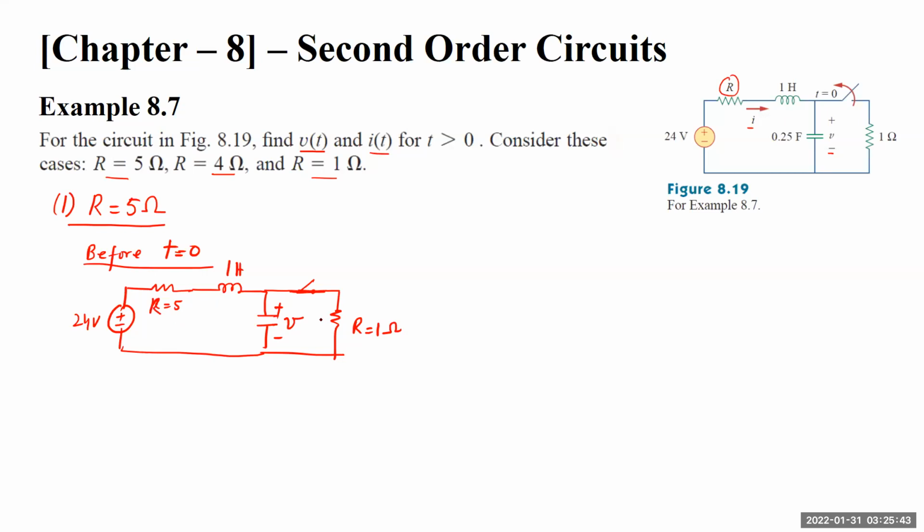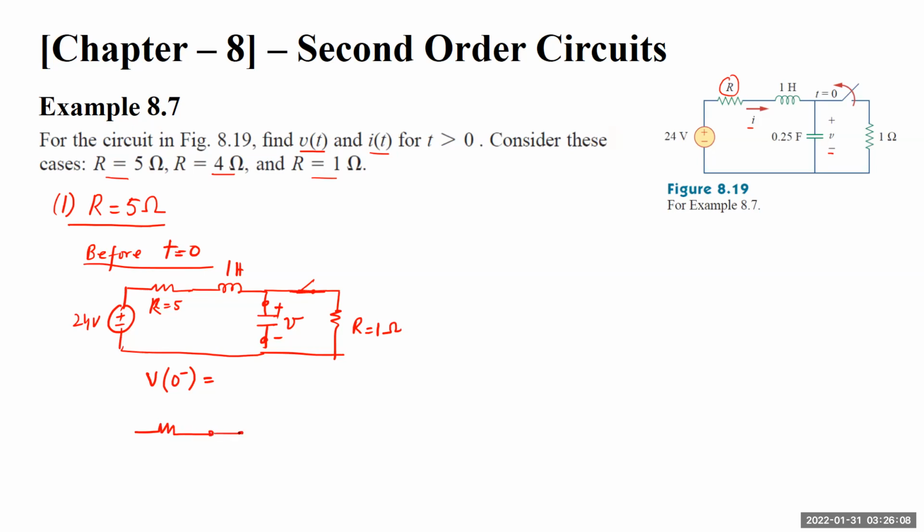Now we have to find the value V of 0 negative, the voltage appearing across this capacitor. This capacitor is in parallel with this 1 ohm resistor. Remember, this circuit has been in this condition since time infinity, so the equivalent circuit would look something like this.